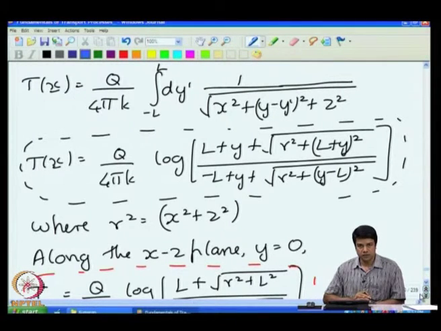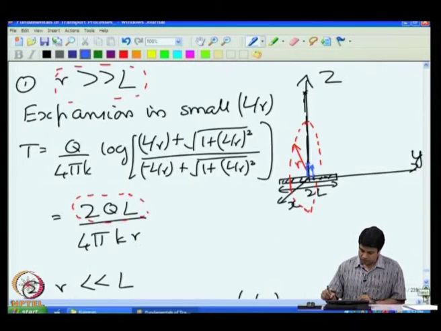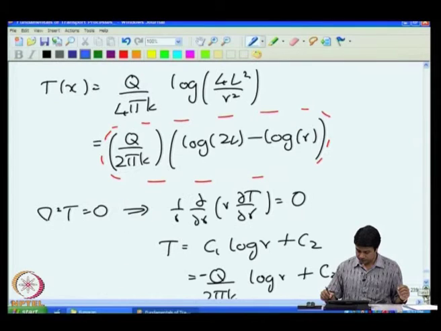And I had shown you that in the limit as the distance from the wire to the observation point is large compared to the length of the wire, the result looks like a point source, because I do not see the details of that wire. When r is small, it looks like conduction from an infinitely long wire, okay. And for conduction from an infinitely long wire, I get a logarithmic function for the temperature variation.